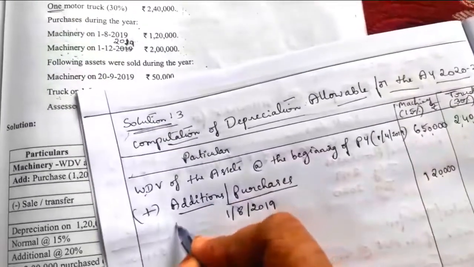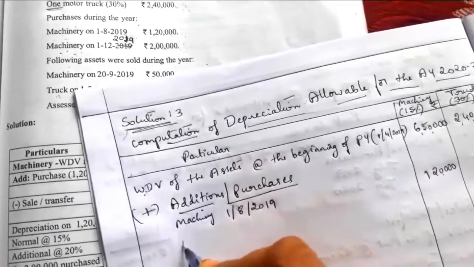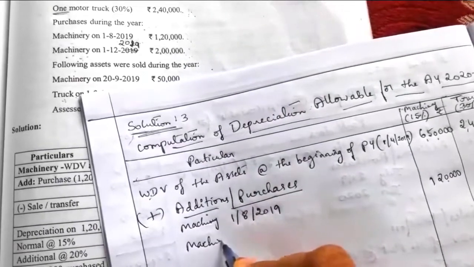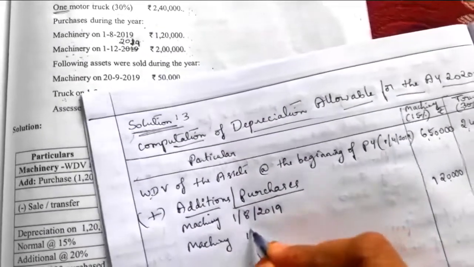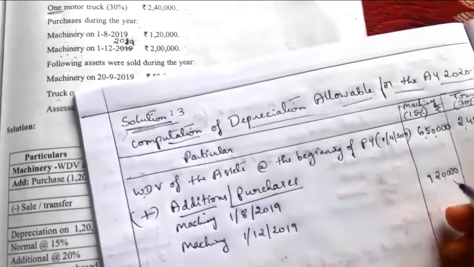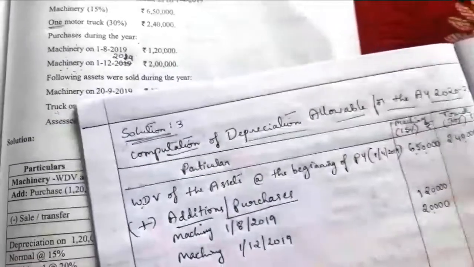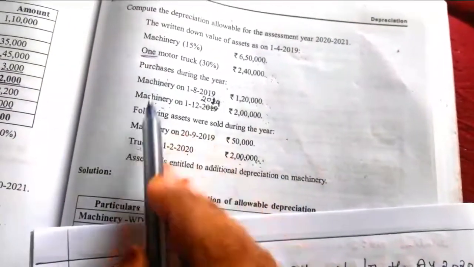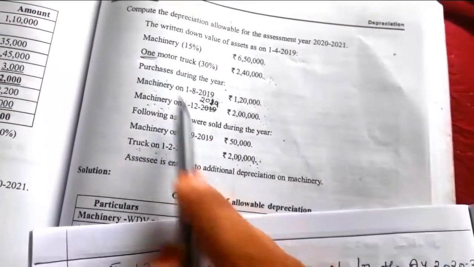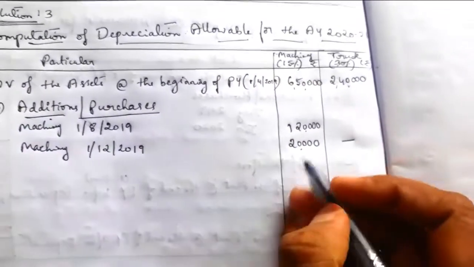Here, if you want, you can write machinery. One more machinery was purchased on 1st December 2019, of rupees 2 lakh. There is no truck purchase; the motor truck is not purchased during the year, so it is nil.